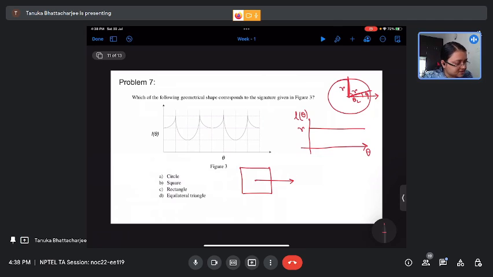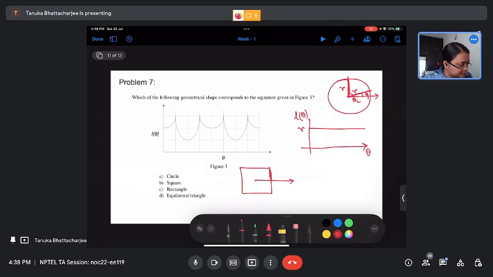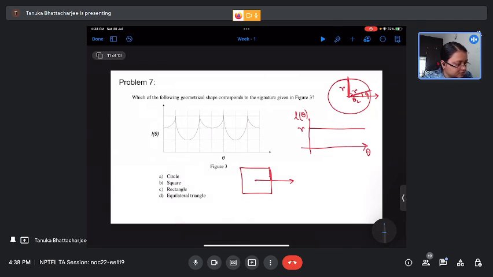First we'll take points on this segment. When we are taking points on this segment, the distance from the centroid to the boundary point will keep on increasing, until you reach this particular vertex.